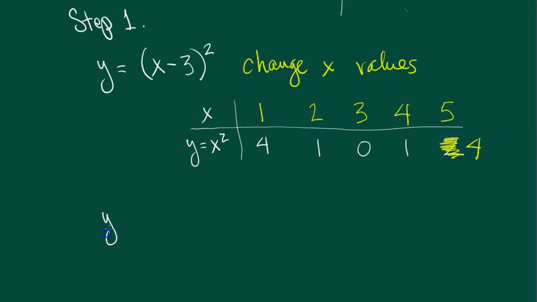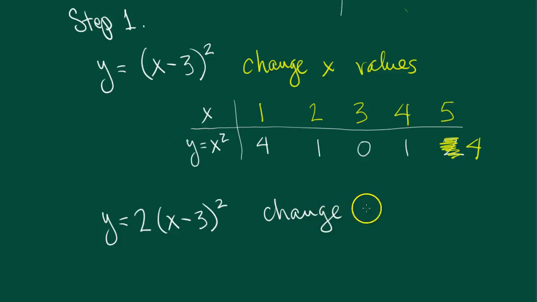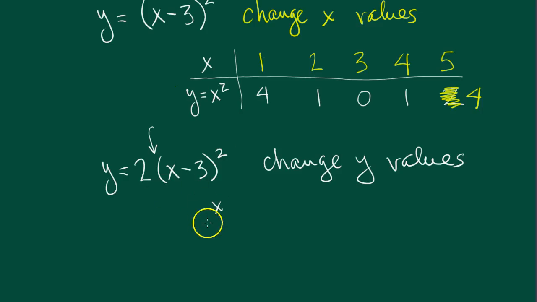And so I have y is equal to 2 times (x minus 3) squared. I have now a change only to the y values. Because why? Because it's outside the parens. There. Okay, so my x values are just the same.